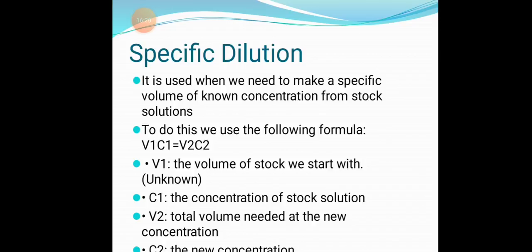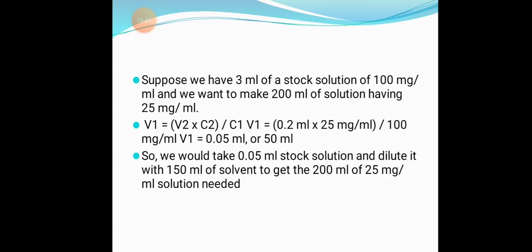Specific dilution is used when we need to make a specific volume of a known concentration from stock solution. To do this, we use the following formula: V1C1 = V2C2. V1 is the volume of the stock we start with, C1 the concentration of the stock solution, V2 the total volume needed at the new concentration, and C2 the new concentration. Suppose we have 3 ml of stock solution of 100 mg per ml and we want to make 200 ml of solution having 25 mg per ml.